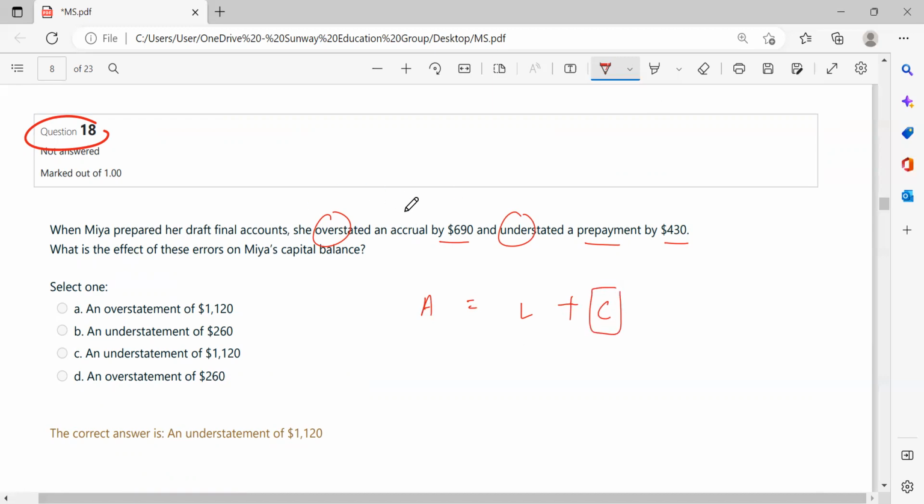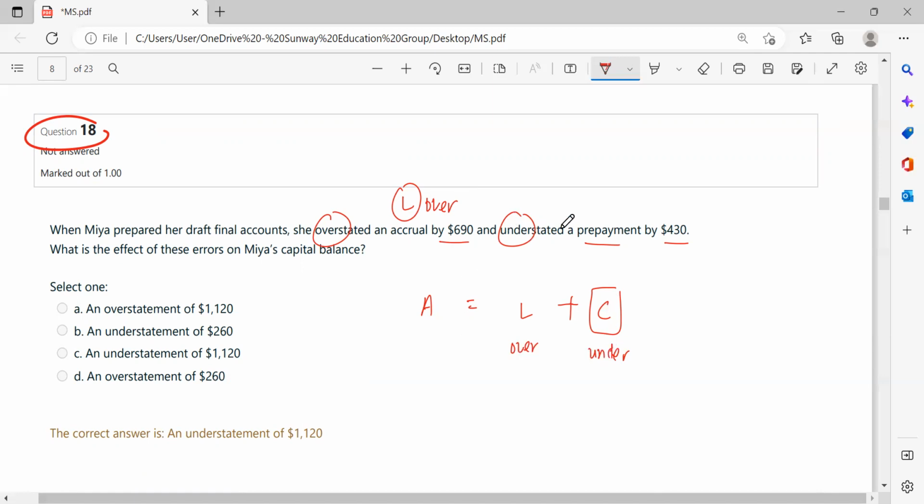If my accrual was overstated, accrual is a liability. So imagine when your liability is overstated, what will happen to your capital? Your capital should be understated. Otherwise, you can't make both sides balance anymore.